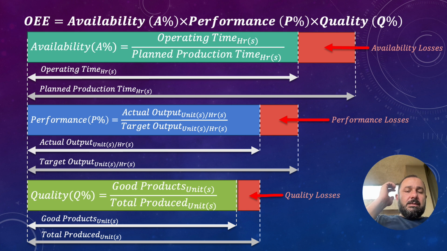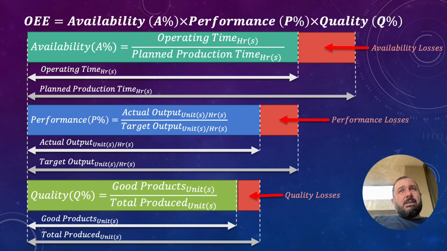For the performance, in that operating time, what was my actual output as units per hour? For example, I can say units per minute or whatever it is, as long as I'm able to measure it. So the performance is how much I'm actually producing as an output in units per unit of time over the target.